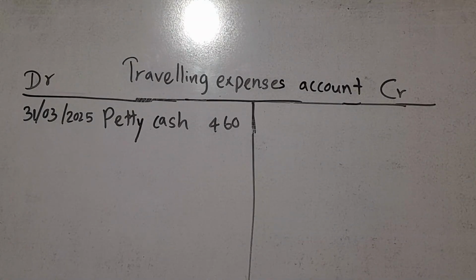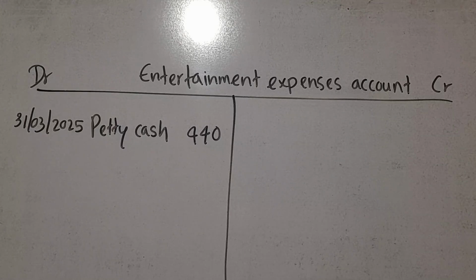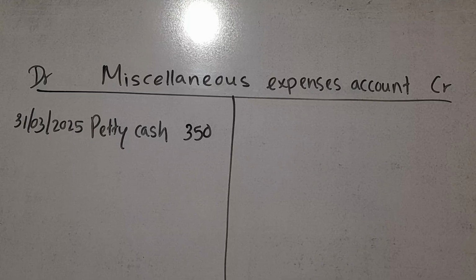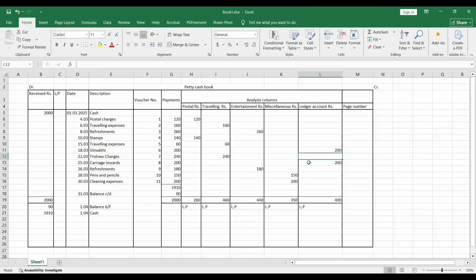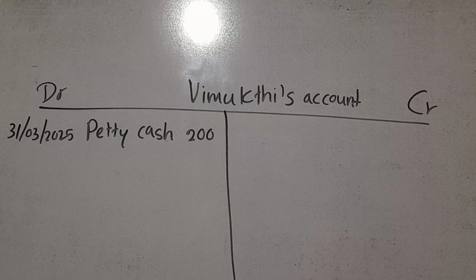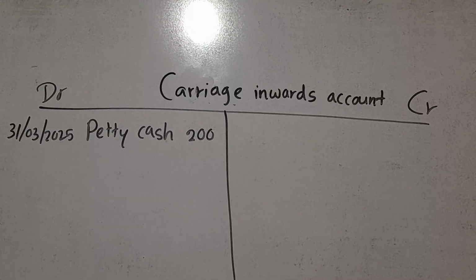Traveling expenses account debit, petty cash 460. Entertainment expenses account debit 440. Miscellaneous expenses account debit 350. For the ledger account analysis column, we open separate accounts for each transaction. Vimukti's account debit 200. Carriage inwards account debit 200.